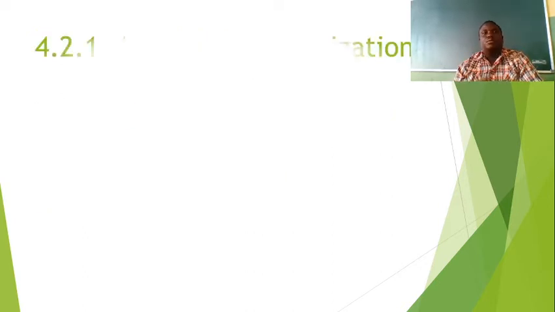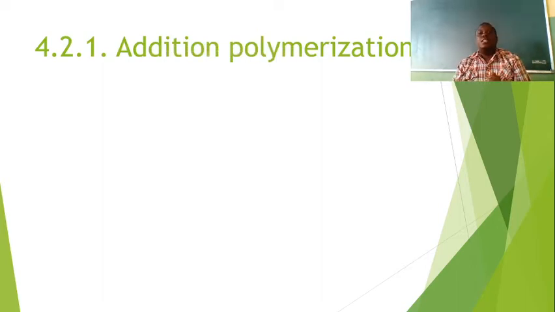Let's start with point one, addition polymerization. In addition polymerization, how does this reaction happen and what examples of materials that we use in our daily life are made from addition polymerization?